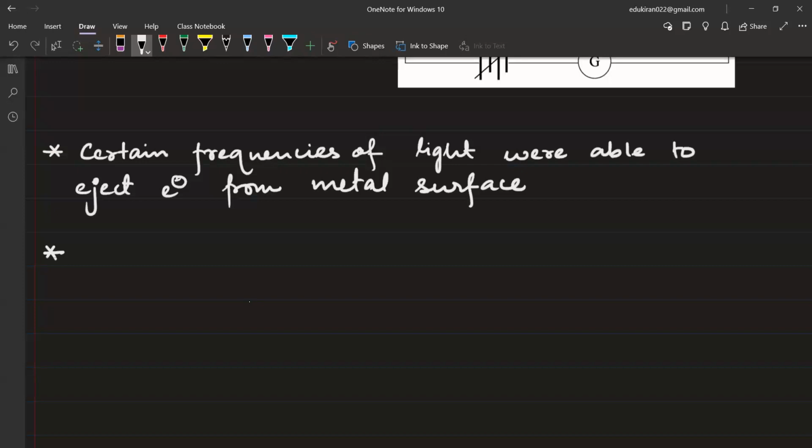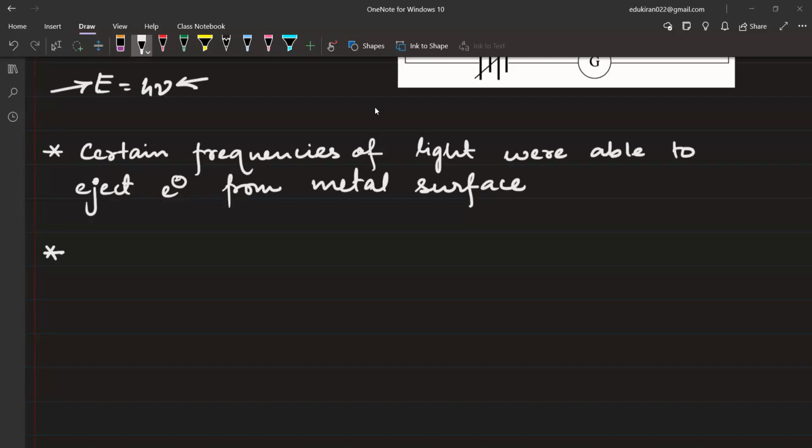Right, next point. Now, each and every frequency will have certain energy. Yes or no, please tell me. Each and every frequency of light will have certain energy by the formula E is equal to h nu, where nu is frequency. So each and every frequency will have some energy. Correct?